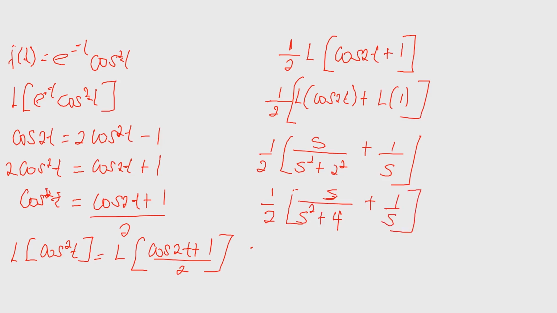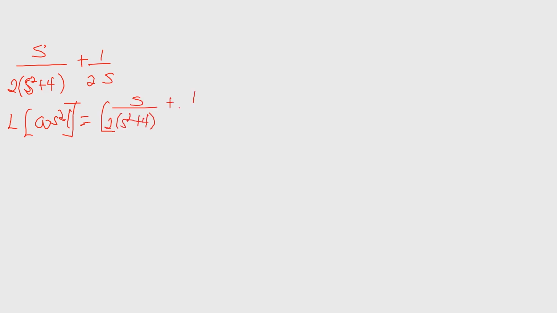Now you can open the brackets: s over 2 into s squared plus 4, then plus 1 over 2s. So the Laplace transform of cos squared t is equal to s over 2 into s squared plus 4, then plus 1 over 2s.